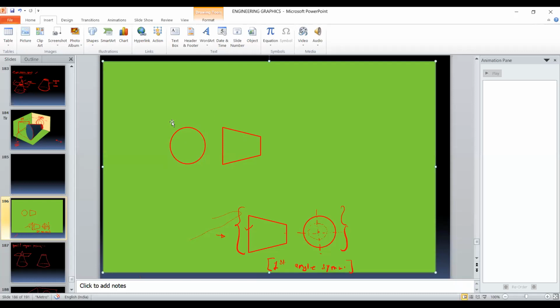So if you observe from this direction for the side view, then you can observe only this circle, okay, and this will be the hidden.